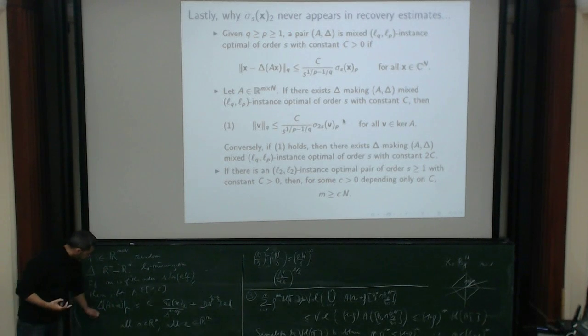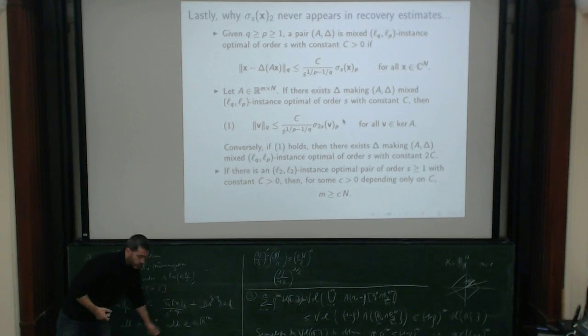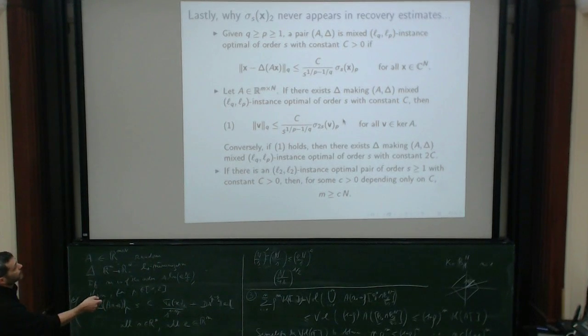If your dream was to obtain instance optimality with a 2 here and a 2 here, so L2 instance optimality of order S, with an absolute constant, then the number of measurements you need is proportional to n. Probably n over 2, n over 4.